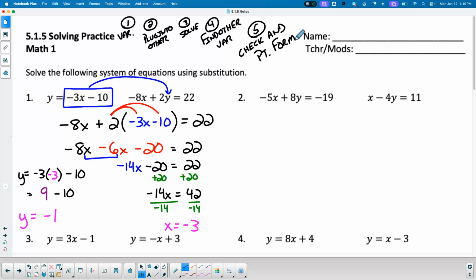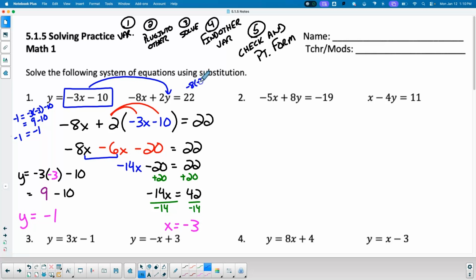So if I check it here back in my original equation, we'd have negative 1 equals negative 3 times negative 3 minus 10. Negative 3 times negative 3 is positive 9. Positive 9 minus 10 is negative 1. Negative 1 is equal to negative 1. That works out.